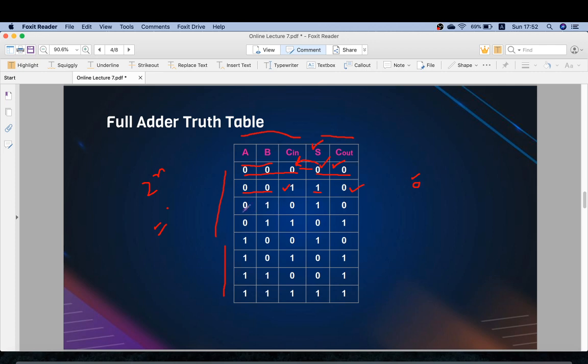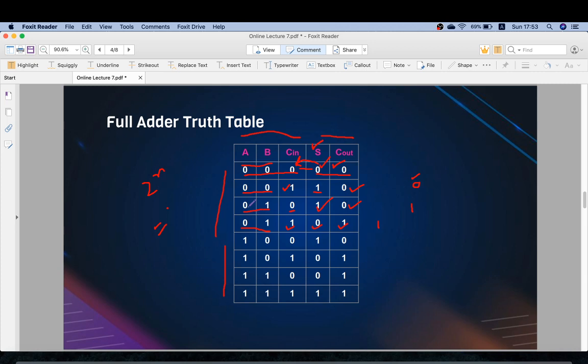Now we start from here. 0 plus 1 is 1, and this 1 plus 0 is 1, and what is the carry? 0, because no remaining variable. 0 plus 1 is equal to 1, and 1 plus 1 is equal to 0, but we have 1 carry.